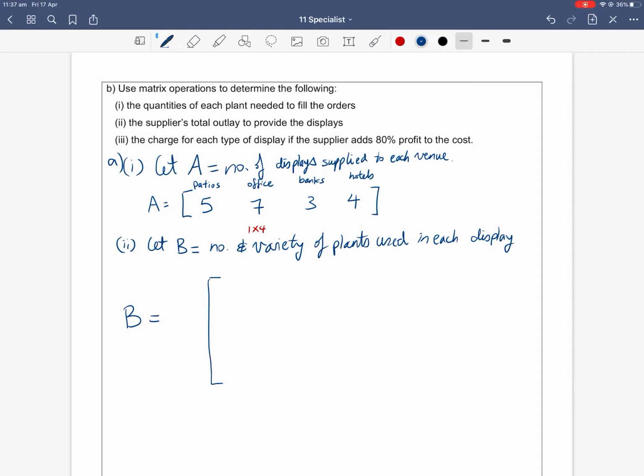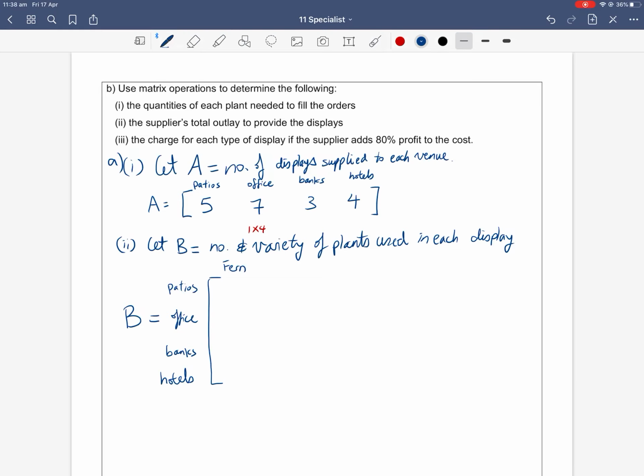Okay, so B is going to be a 4 by 6 matrix. 4 because we've got 4 different venues of patios, office, banks, and hotels. You'll notice on the side that I've written these little words to explain what each number corresponds to.